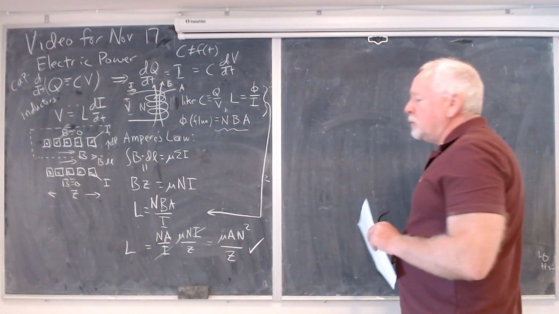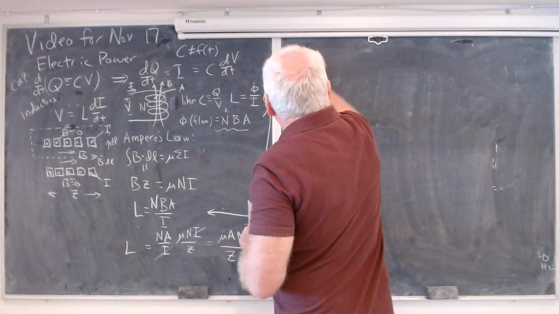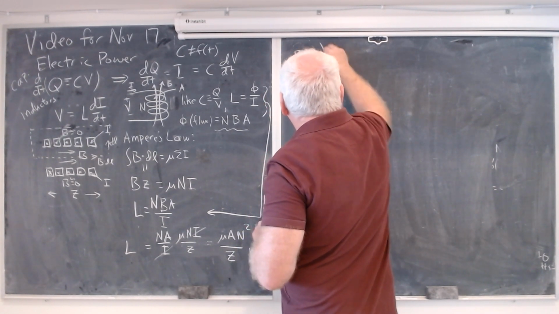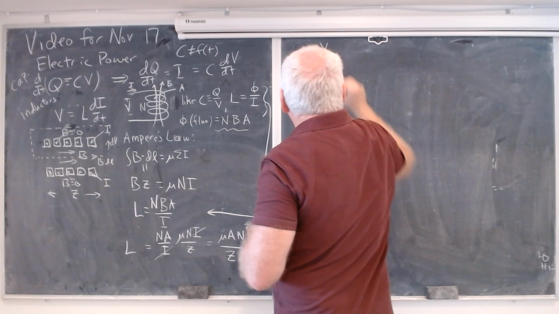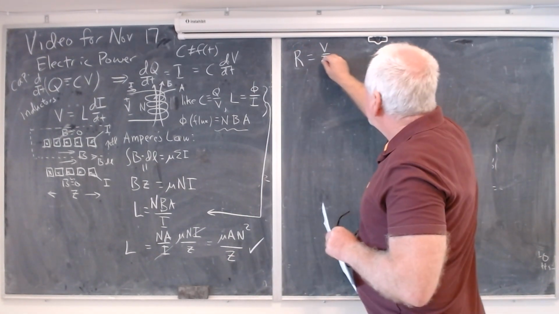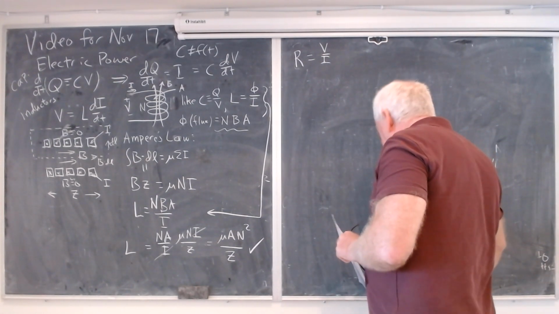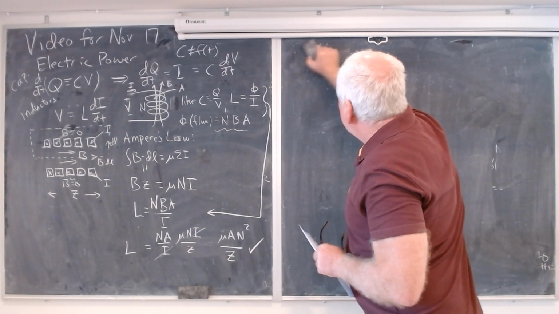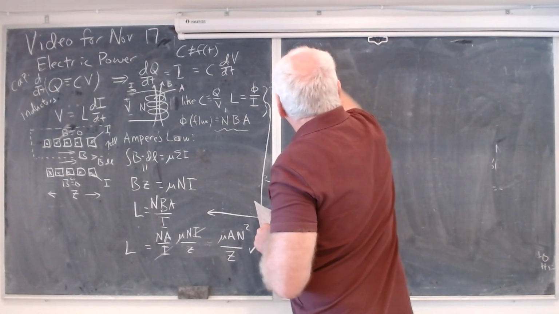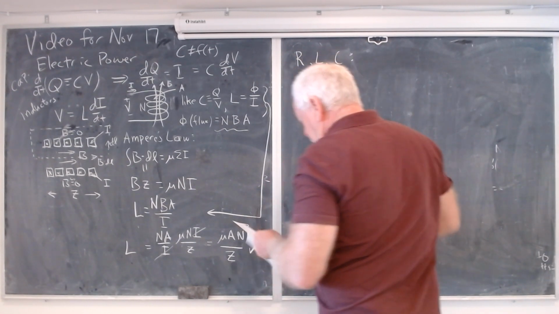I'm not going to do much more on it. R is equal to V over I, because V is equal to IR. Actually, let me write it out this way, so we understand RLC.